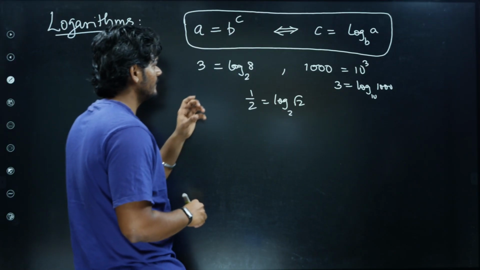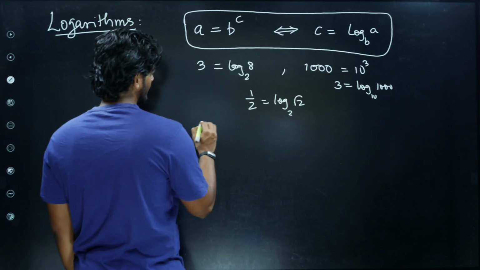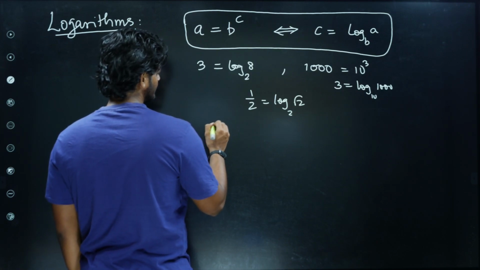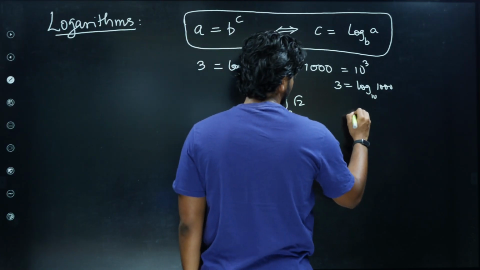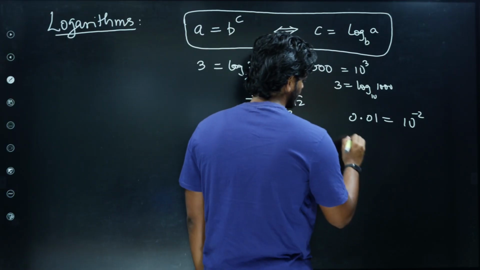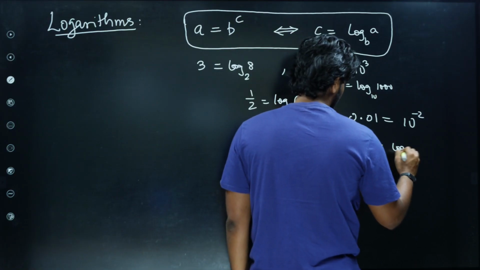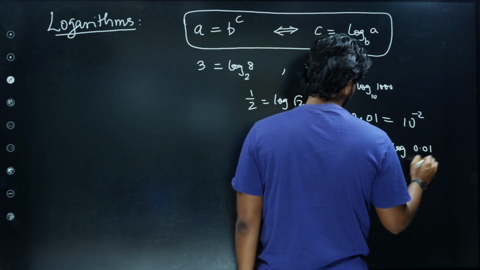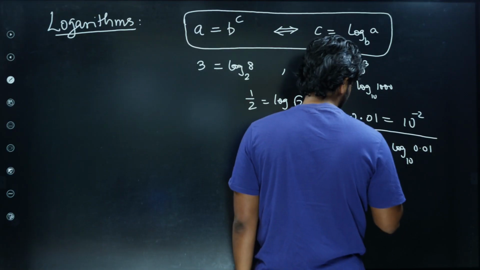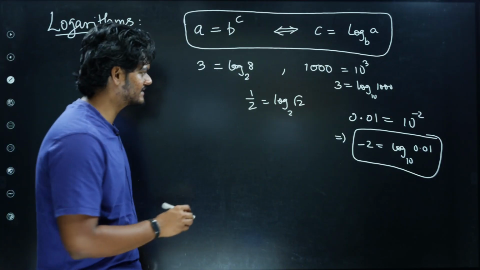And a log can also be negative. When is it negative? So if I have, let's say, 0.01, which is 10 power minus 2, that would imply minus 2 is equal to log of 0.01 base 10. Is this the only case when it is negative? Not necessarily.